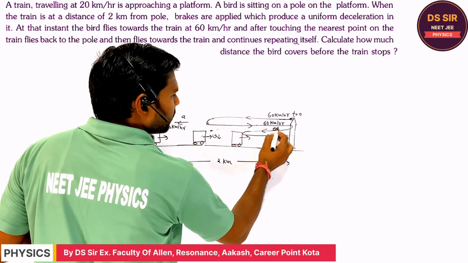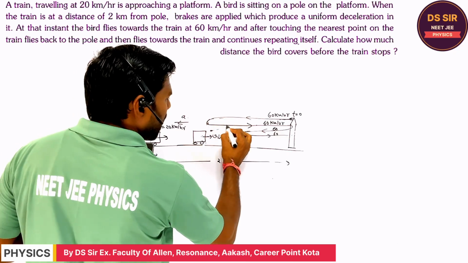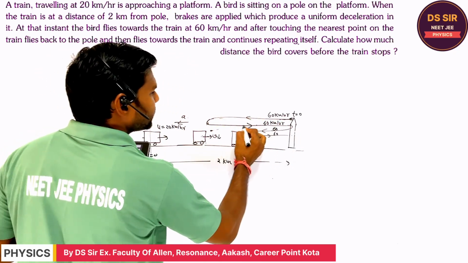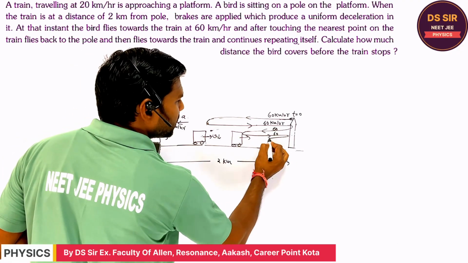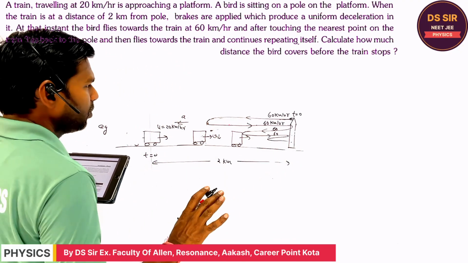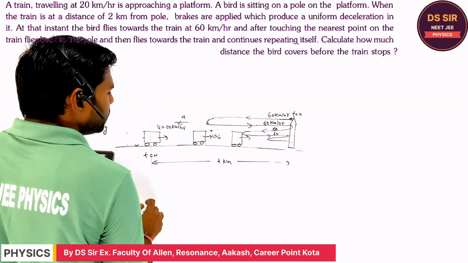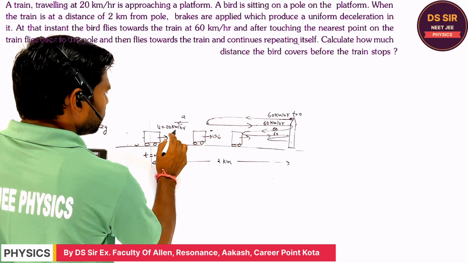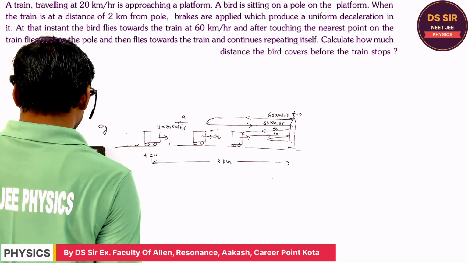So before the train stops, how much distance is covered by the bird? This is the distance S. This is the distance covered by the bird. You have to find it. Is it clear or not? So you tell me, what is the time? This is the initial speed, right?